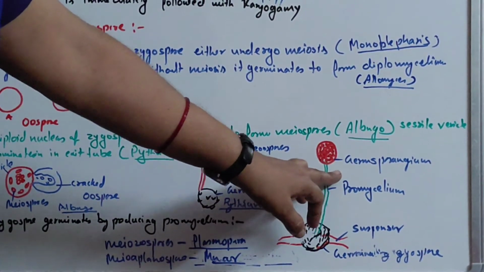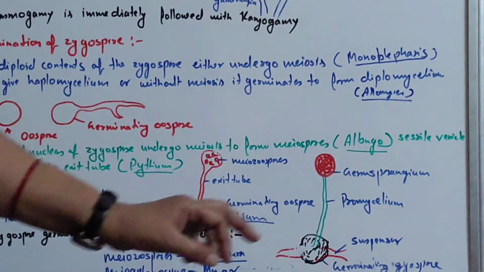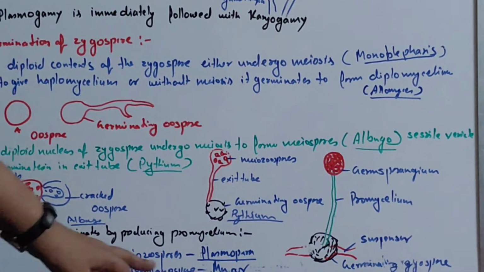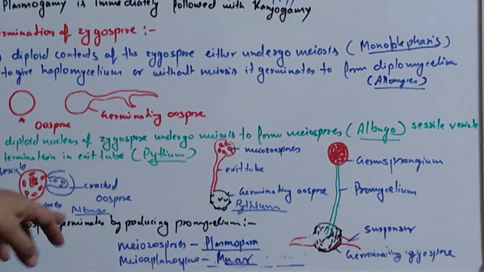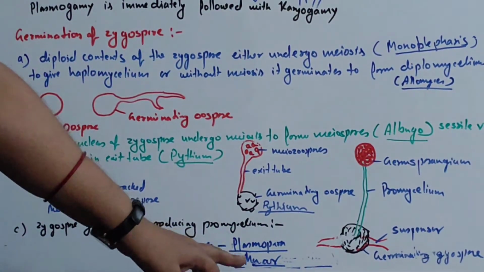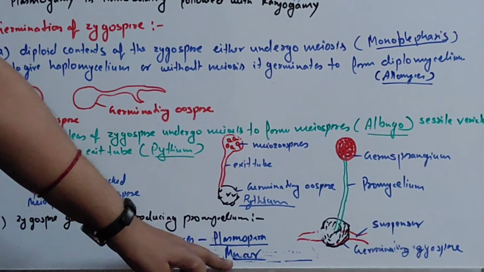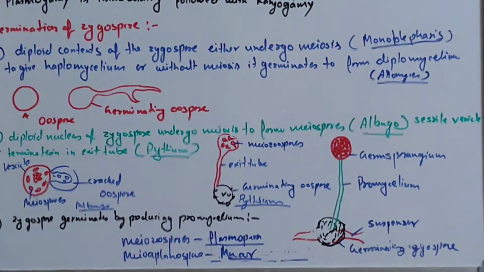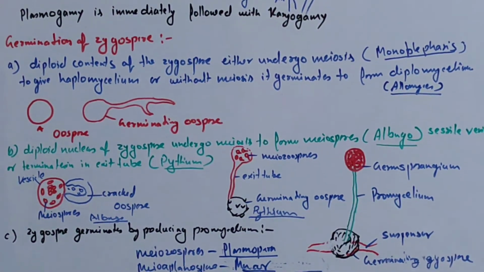Inside this sporangium, the spores are formed by the process of cleavage. The spores may be motile or non-motile. Motile spores are produced in Plasmopara and non-motile spores are formed in Mucor. So these are the three types by which the germination of the zygospore among Phycomycetes occurs.